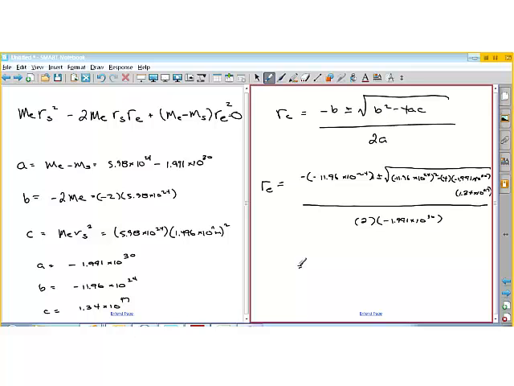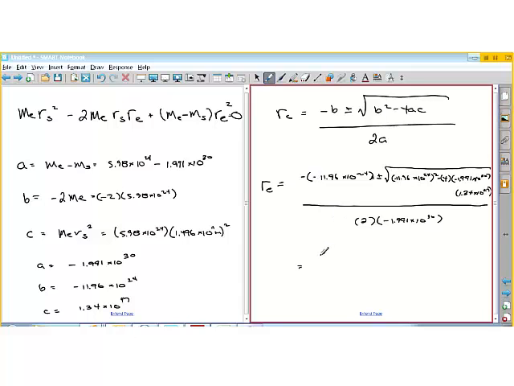Plus 4 times 1.991 e to the 30th times 1.34 e to the 47th power. And then I take the square root of that. 1.067 e to the 78th power raised to the 0.5 power.